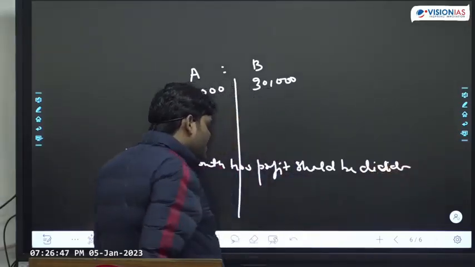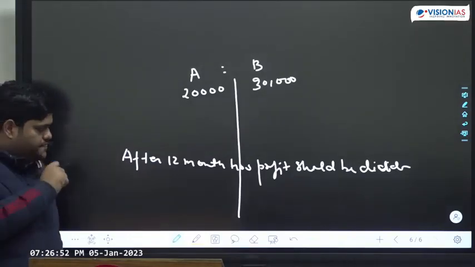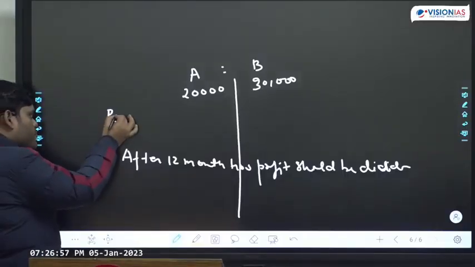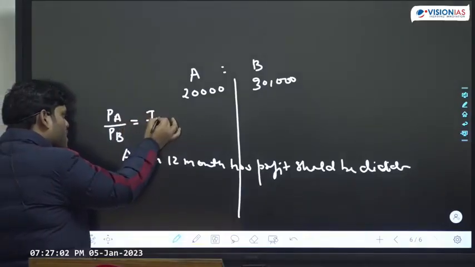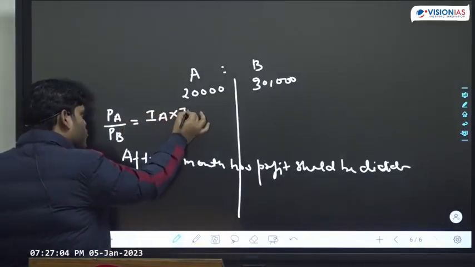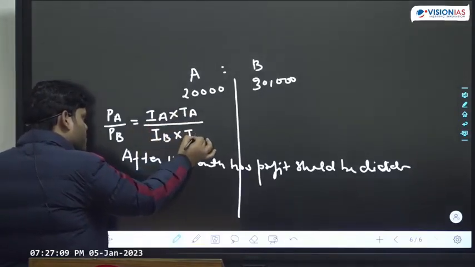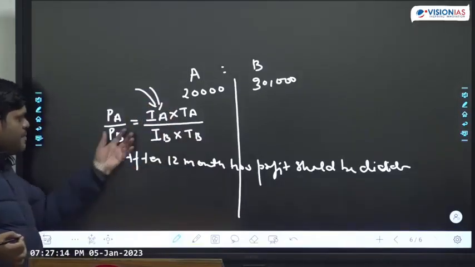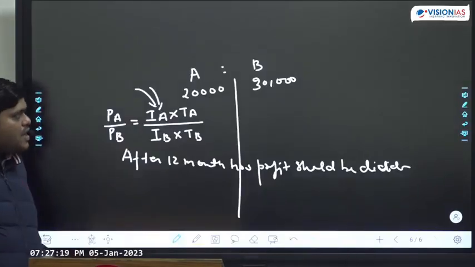So the simple logic is simply that the profit of A and profit of B will be in the same ratio as investment of A into time of A divided by investment of B into time of B. In whichever ratio their investment and time are there, in the same ratio the profit will be divided.